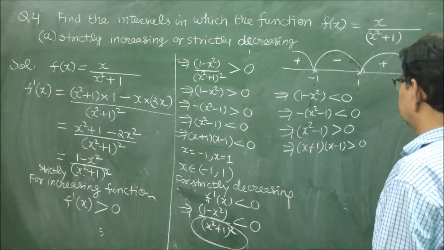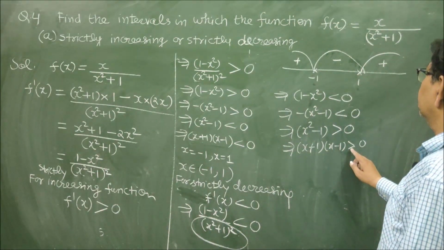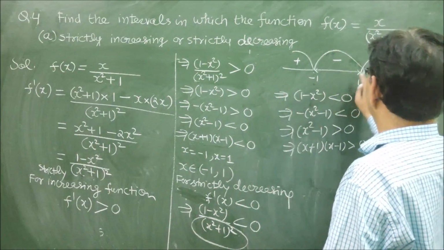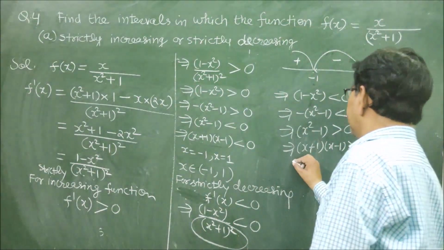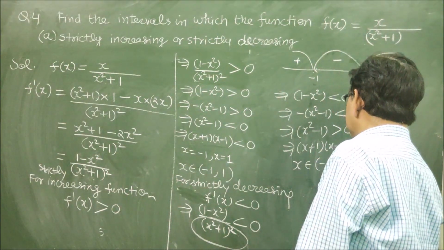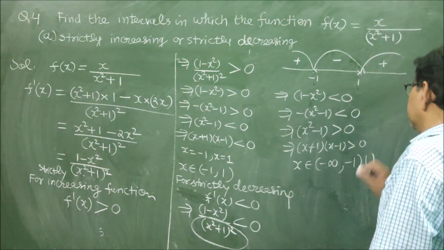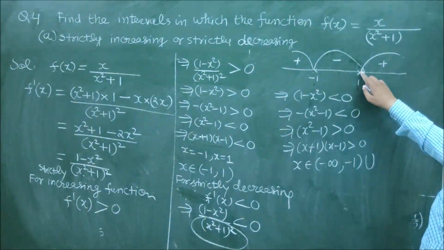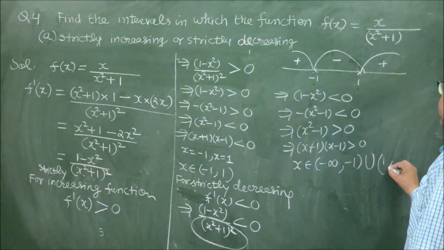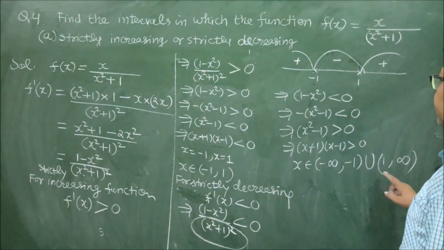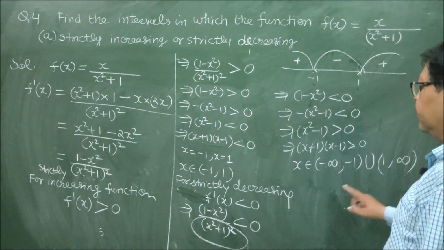Now here we can see that this is positive when we are to the left of minus 1 and to the right of 1. So when x belongs to the open interval minus infinity to minus 1 union 1 to infinity, then the given function is strictly decreasing.